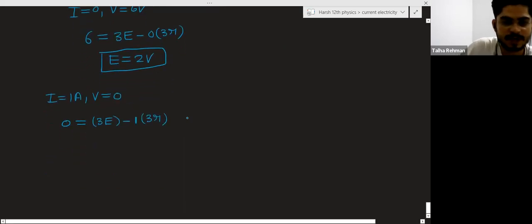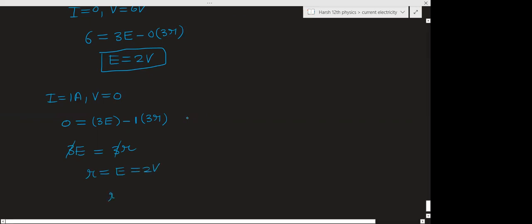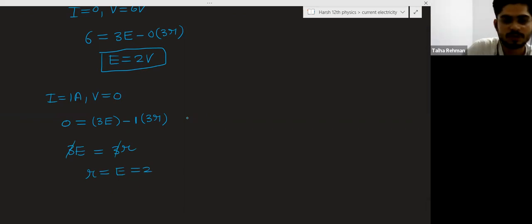From here you can find the value of internal resistance. 3E is equal to 3r. This 3 and 3 will get cancelled out. r is equal to E. And what is the value of E? E is 2 volts. So r is equal to 2 ohm.